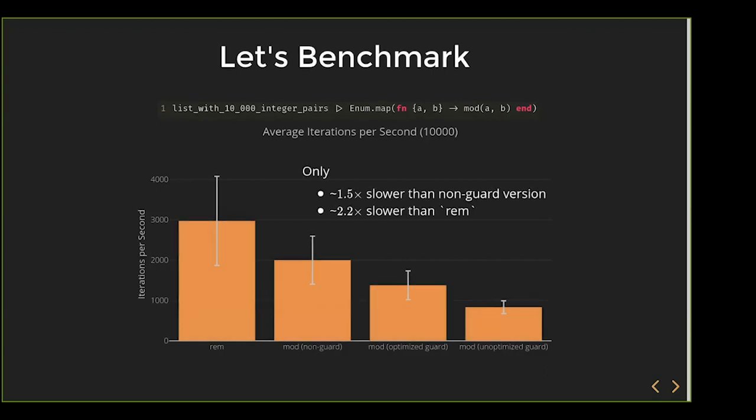And actually, it turns out that the optimized version that works inside of a guard is only 1.5 times slower than the non-guard version, and only 2.2 times slower than the built-in remainder function. So this was a bit surprising to me. And again, the conclusion here is that optimizing compilers are awesome, and they're able to take this very complicated expression and still turn it into quite performant code.